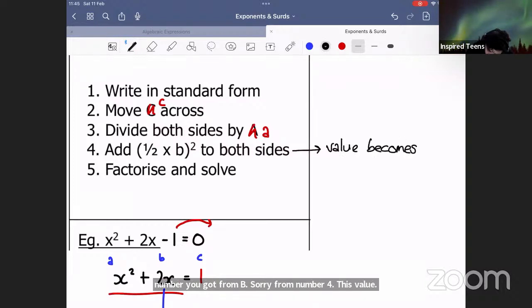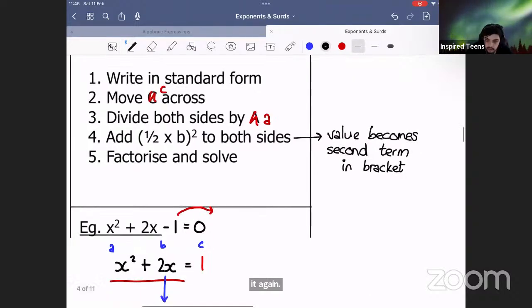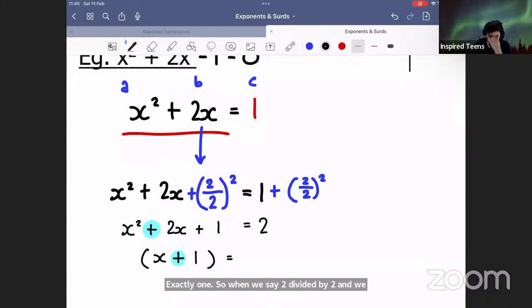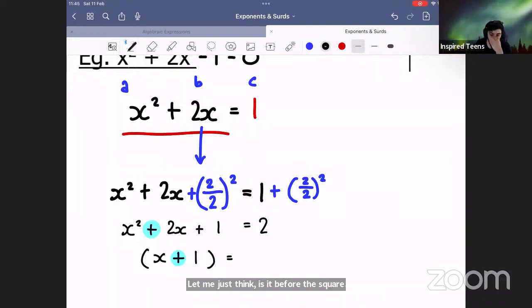I'll go through it again. Exactly, 1. When we said 2 divided by 2 and we squared it, we got 1, and that's what goes there. Wait, let me just think. Is it before the square? Just give me 1 second, guys, I just want to verify something.